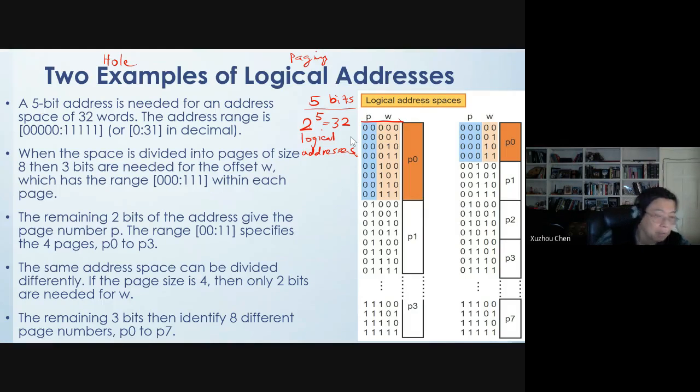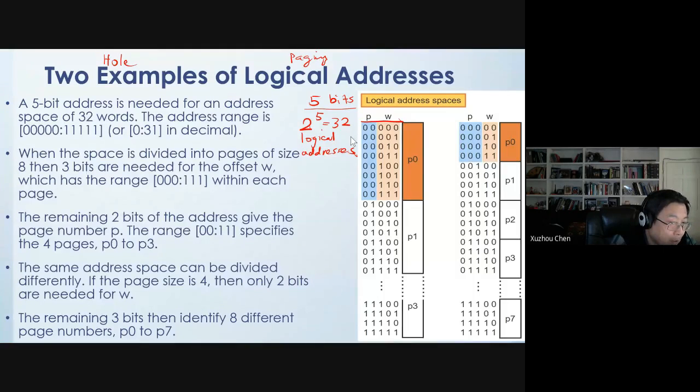Okay. Now with paging, we're going to divide these 32 logical addresses into small units. How big is each unit? It's up to the designer of the operating system. Actually, it's not up to the designer of the operating system, it's up to the designer of the physical memory.